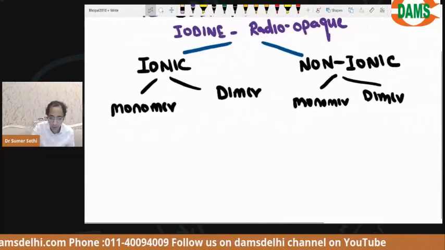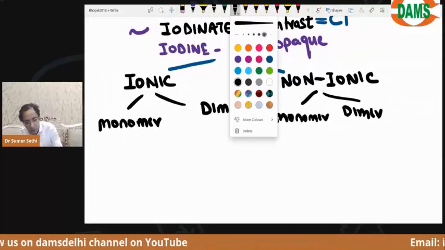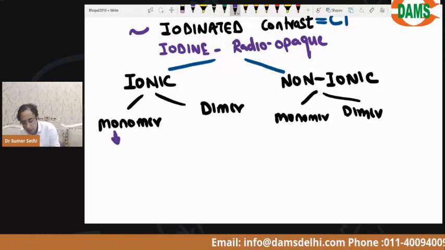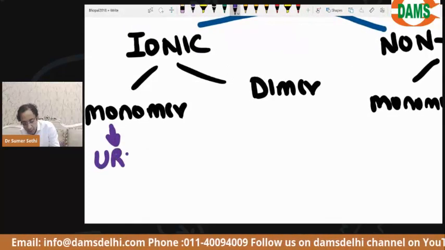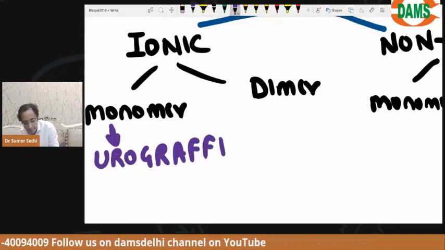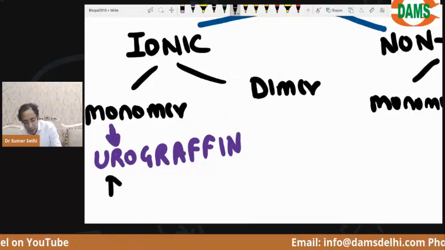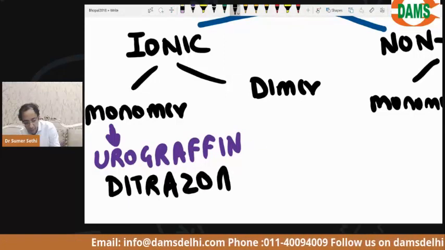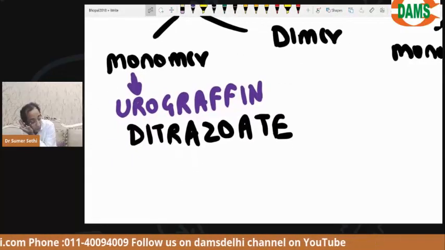Now please see with me. Iodinated dye, listen to me. Ionic monomer, the classic example is urografin. Urografin is chemically called diatrizoate.